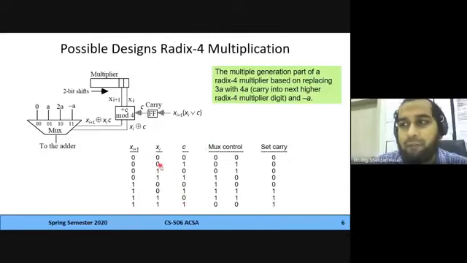Now if the multiplier bits are coming as 0 0 and there was a correction from an earlier step, then 0 0 converts to 0 1. It increases by 1. So instead of passing 0, you're going to pass a.